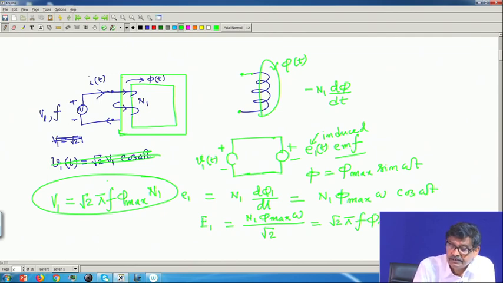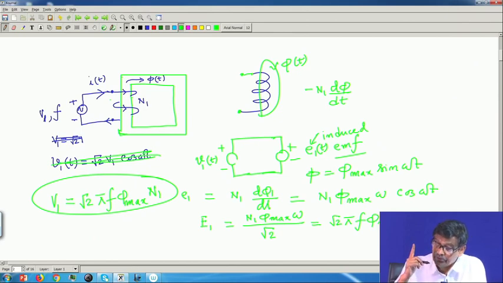Therefore, phi created inside the core of this magnetic material too will be time dependent and vary sinusoidally, and if this flux varies sinusoidally, then Faraday tells us that across these 2 points, there will be induced voltage.